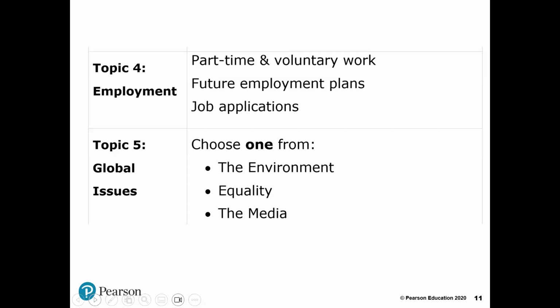So the students will need to study one from environment, equality, or the media. Okay, in topics 1 to 4, they need to study all 3 of those sub-themes. For example, in topic 4, part-time and voluntary work, future employment plans, and job applications, they must study all of those. But in topic 5, we only need students to choose one of those topics of study.